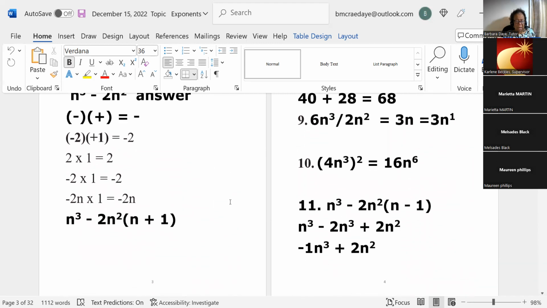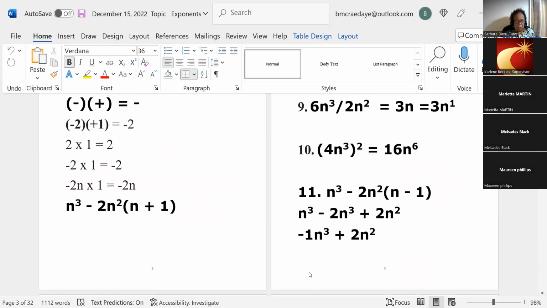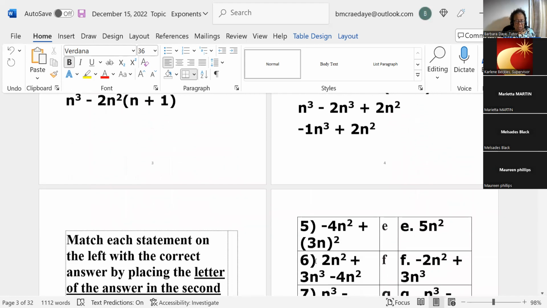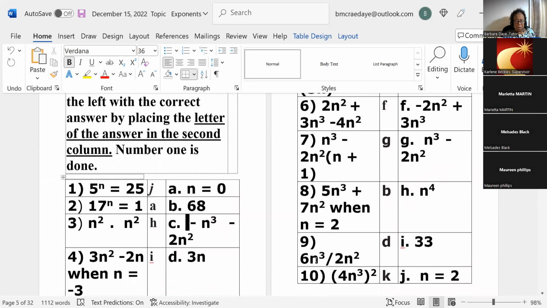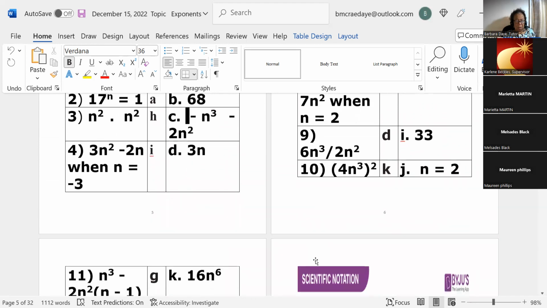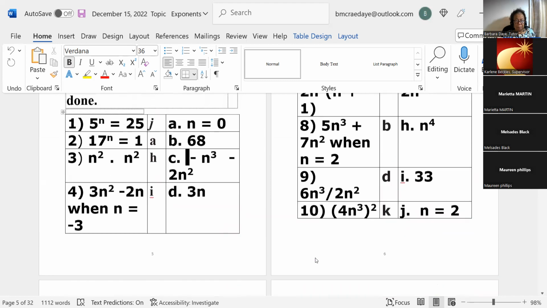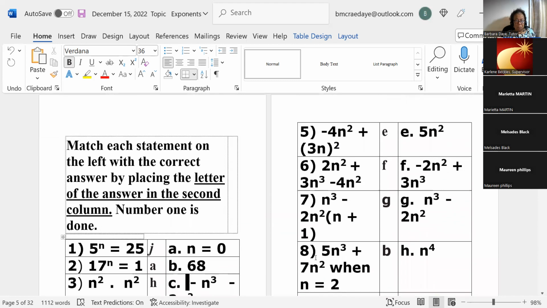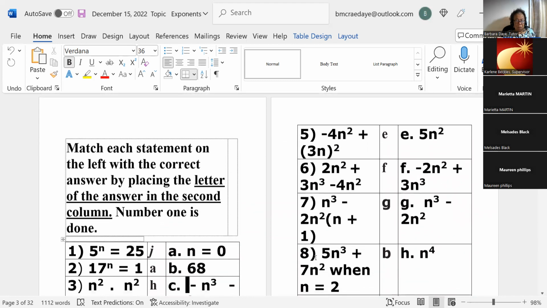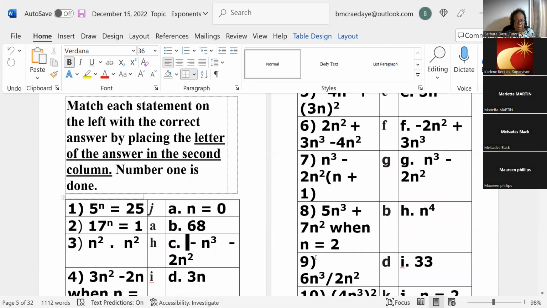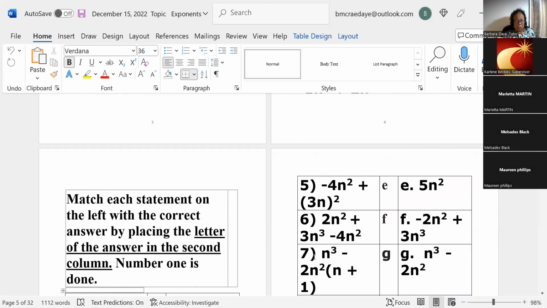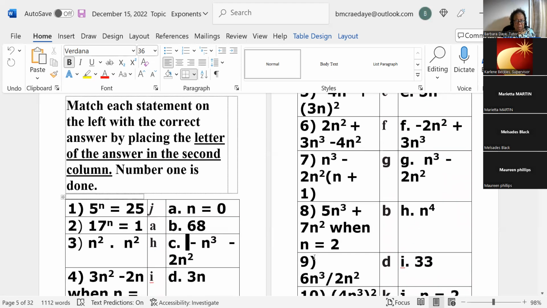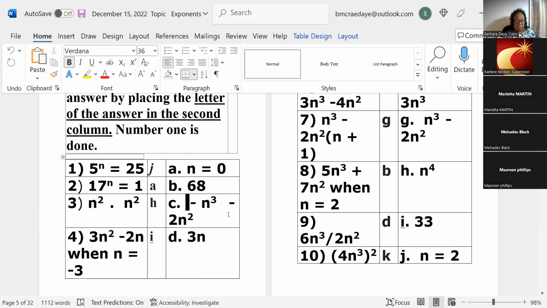11 was minus n to the third plus 2 n to the second. So minus n to the third plus 2 n to the second.